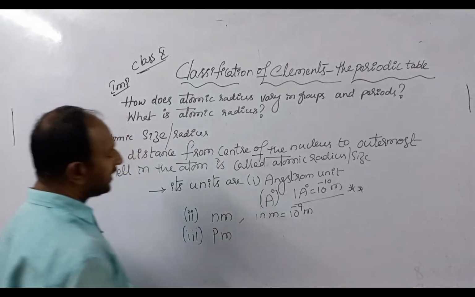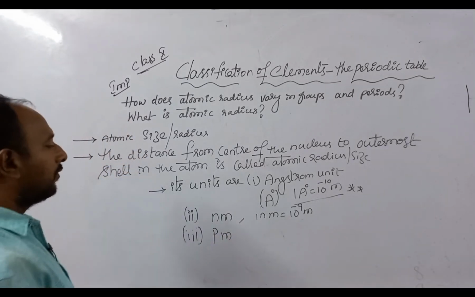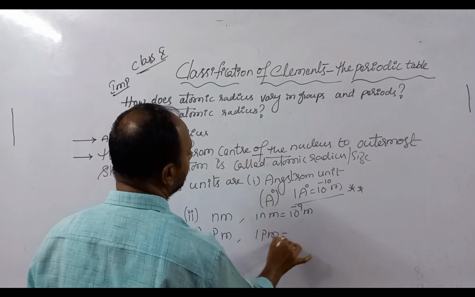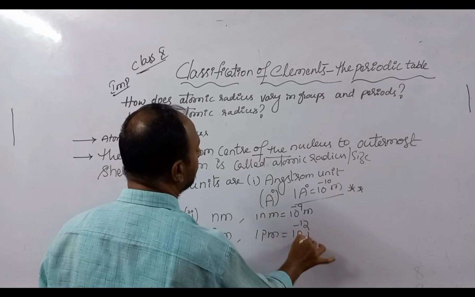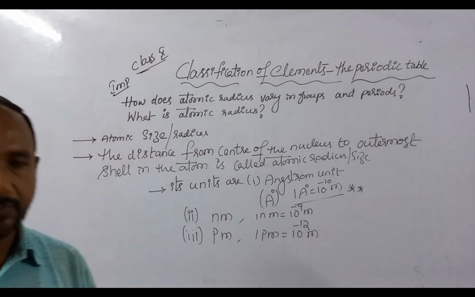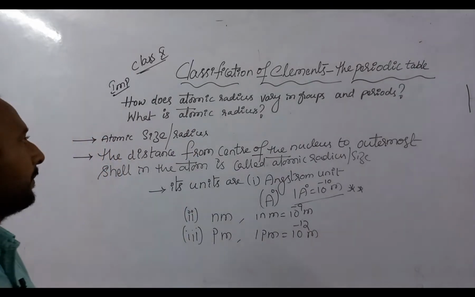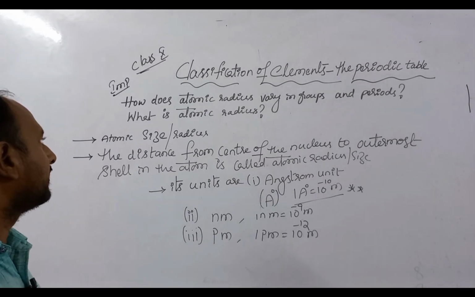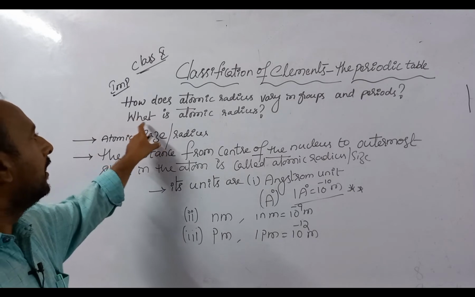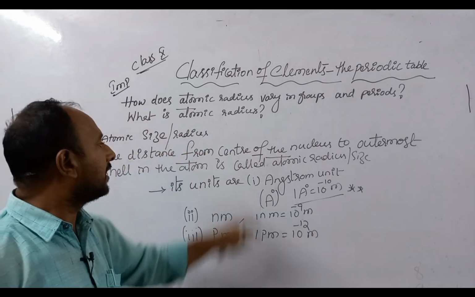Picometer can be written as pm. 1 picometer is equal to 10 power minus 12 meters. So these are the units which we use for measuring atomic radius or atomic size. So this is the answer for what is atomic radius.